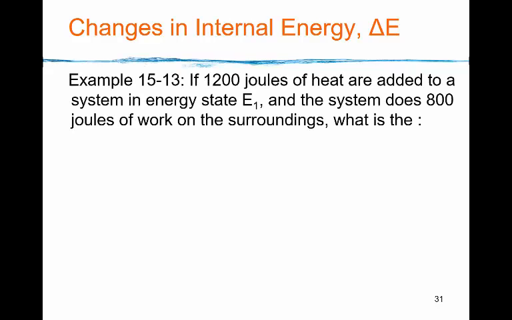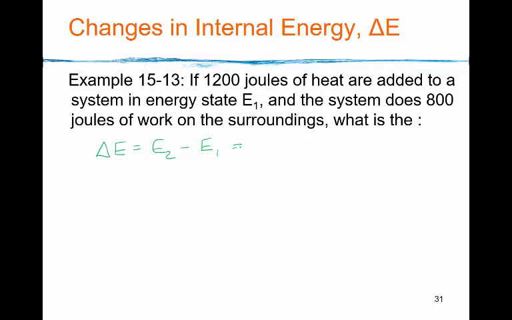So when we look at changes in internal energy, this is really just a very basic mathematical thing. The change in the internal energy of the system is going to be the energy when we get done minus the energy when we started.